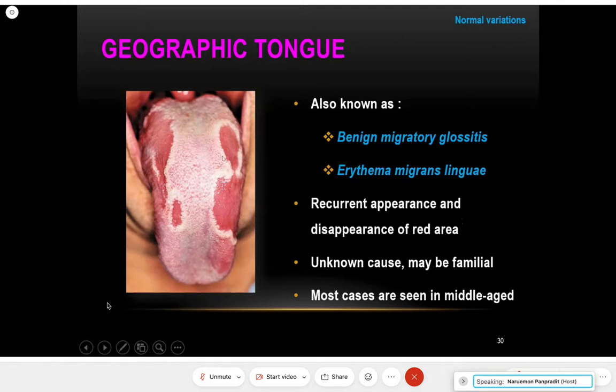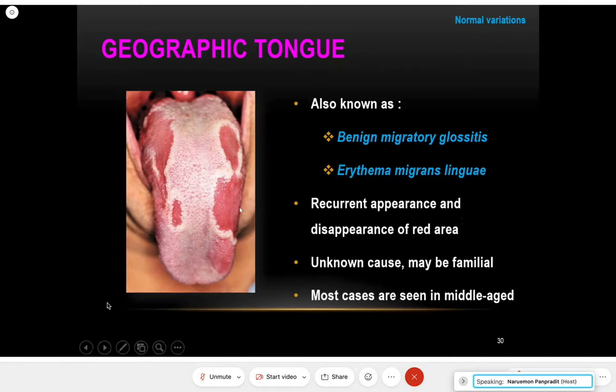What is this? When it shows, it is red and white. Can you see from the picture, the red comes from the depapillation of the epithelium in this area. The white border, the really thick white border, is from elongation of the papillae or the epithelium.